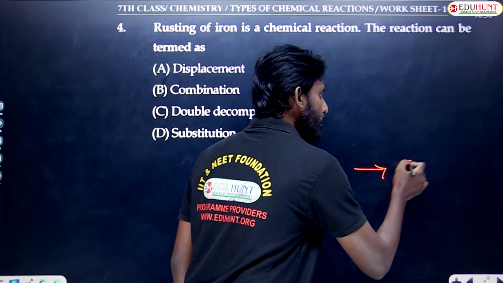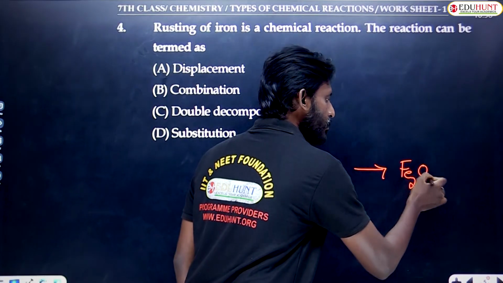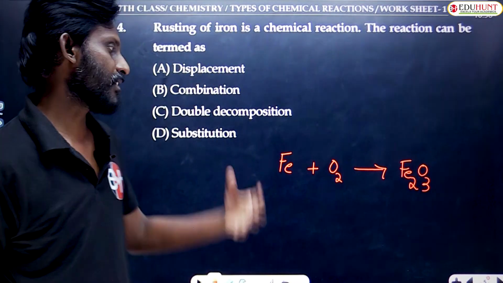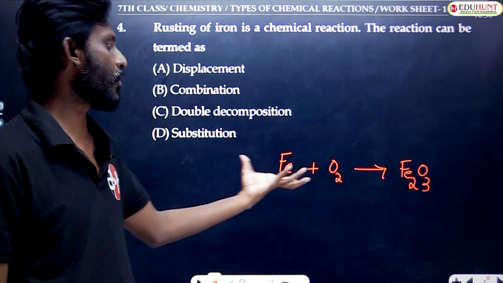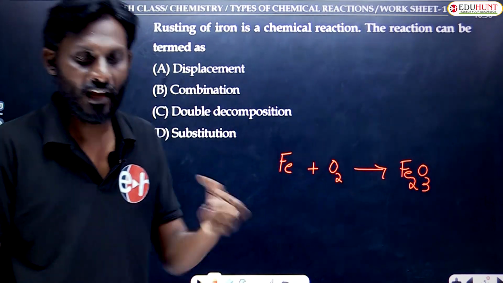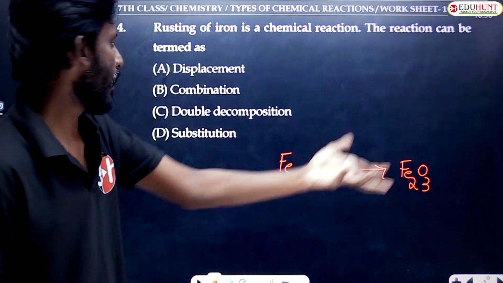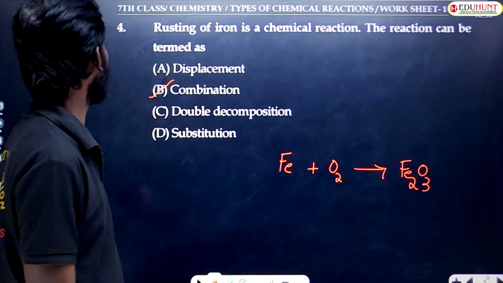Finally, you will get a chemical compound called Fe2O3 on the surface of the iron. So that is called rusting. So basically it is a combination type. Iron element combining with the atmospheric oxygen to give iron oxide. It can be a combination type of redox.